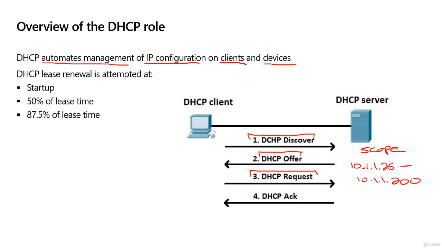Can you lease me this 10.1.1.25 address? DHCP receives that request and it finalizes the details of the lease and it sends back an acknowledgement, which we just call the DHCP ACK. That acts as, here is your address for a certain number of days. Now your client has the IP address.